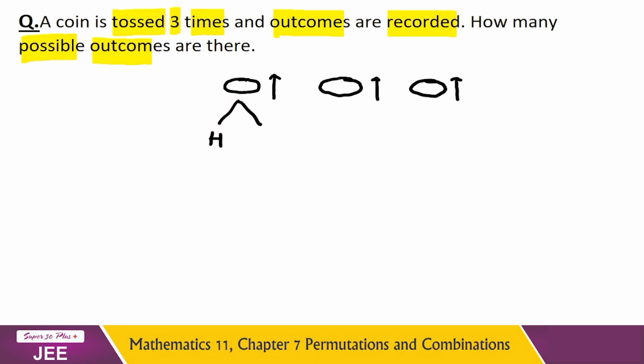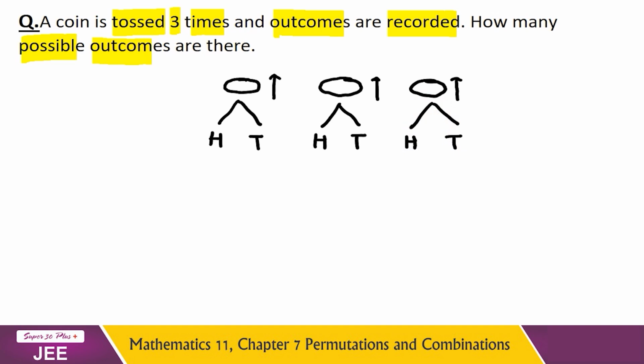Either there has to be a head as an outcome or a tail as an outcome. When you toss the coin for the second time, again the outcomes are going to be either a head or a tail. When you toss it for the third time, again the outcomes are going to be either a head or a tail.